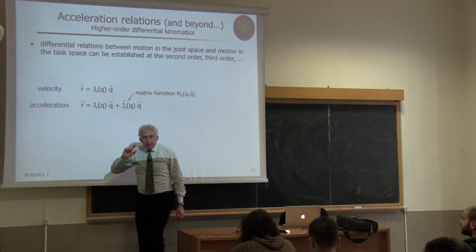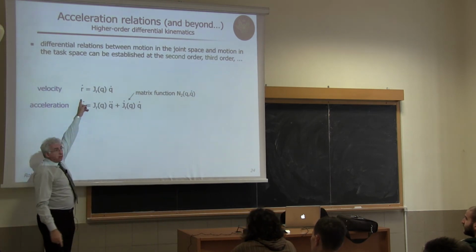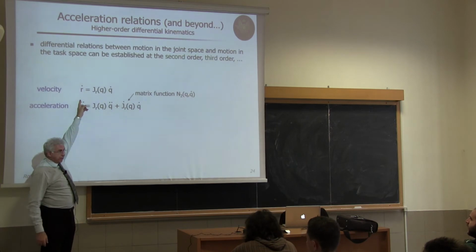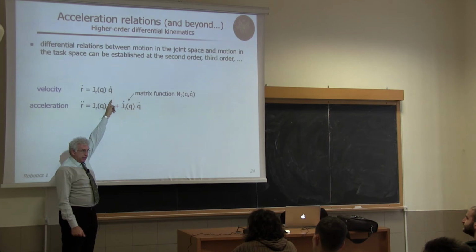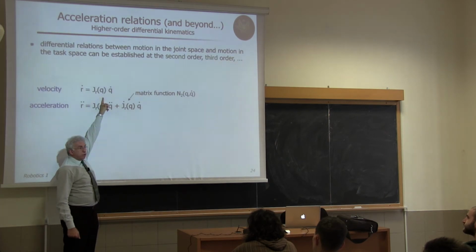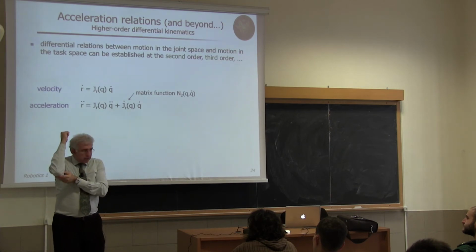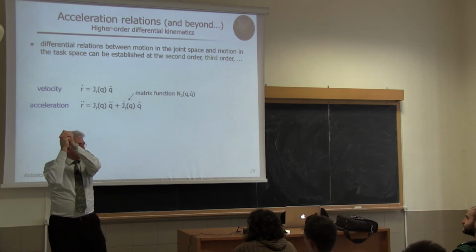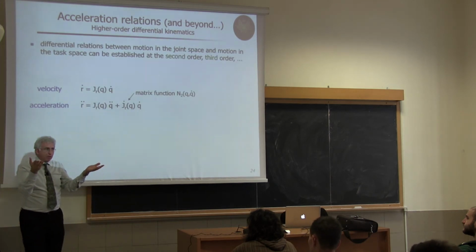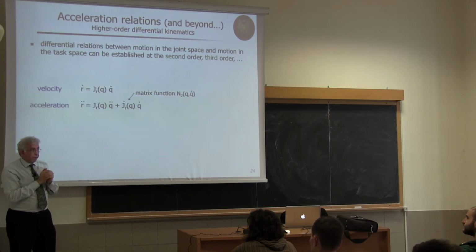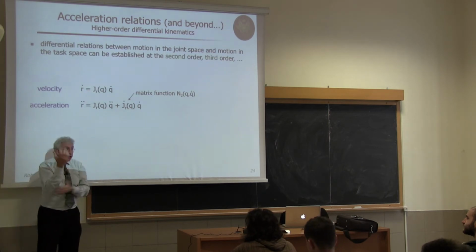Now, there's another important aspect. In order to compute the velocity of the task, so of the end effector, let's say, you need to know which velocity you want to command at the joint, and you have to know the configuration of the arm. So I'm here, I'm applying some velocity, I have some velocity there. If you move one step up this computation and you want to compute the acceleration of the end effector, what do you need to know? You need to know the configuration of the robot.